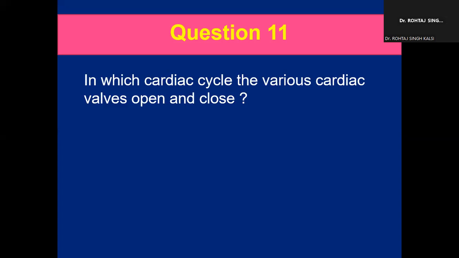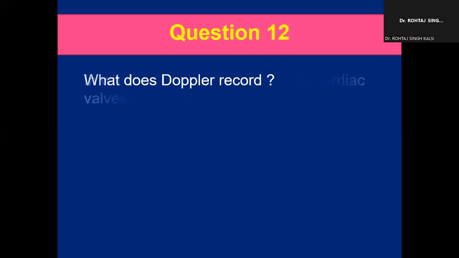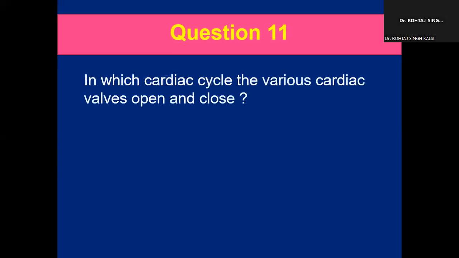What constitutes the P wave? The P wave, sir, represents the left atrium and right atrium. So what does the P wave represent in echocardiography?